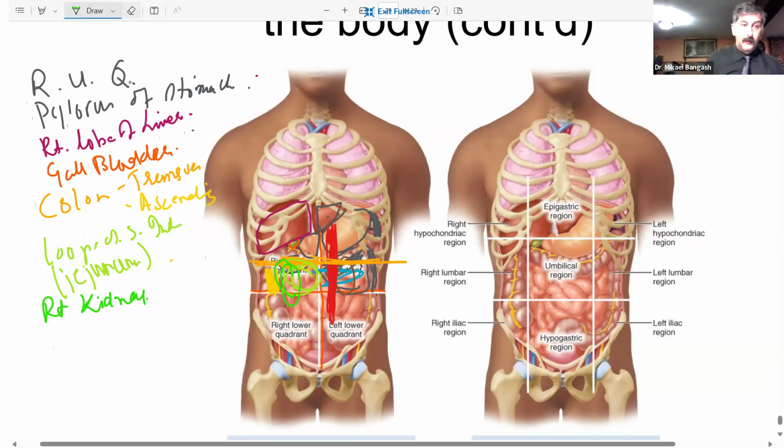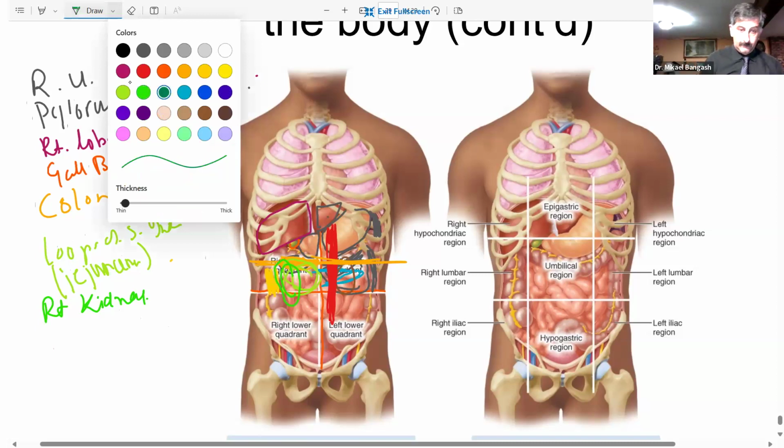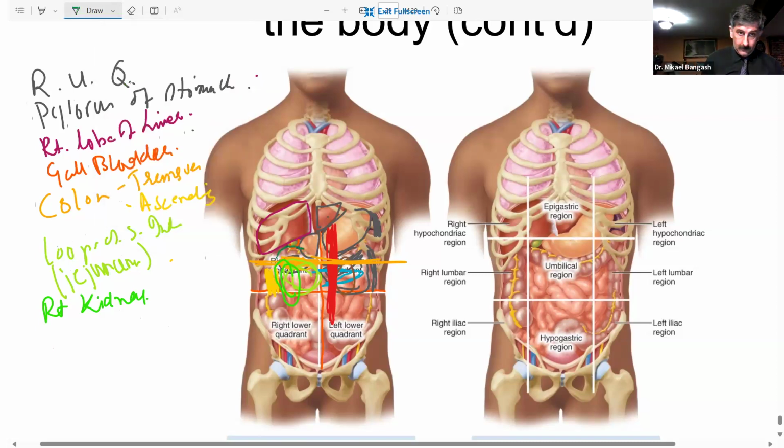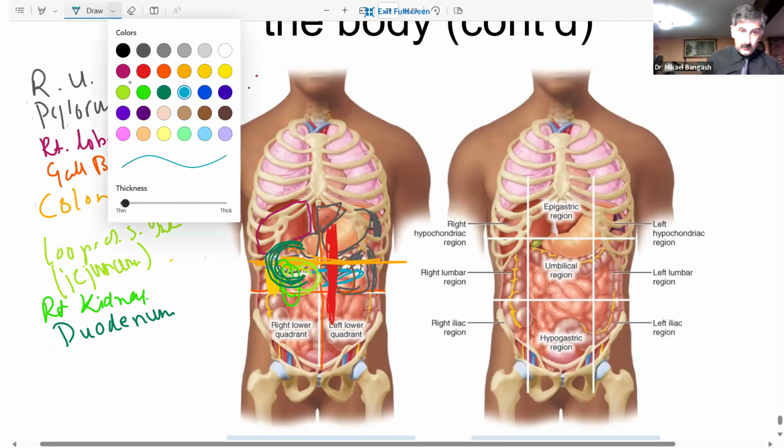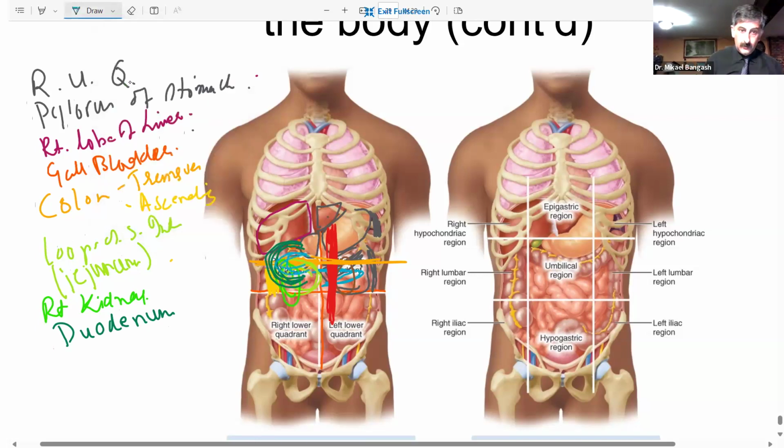Within is mainly the first part of your small intestine, and that's the duodenum, running like this. And in this loop of your duodenum here is your pancreas, sorry.